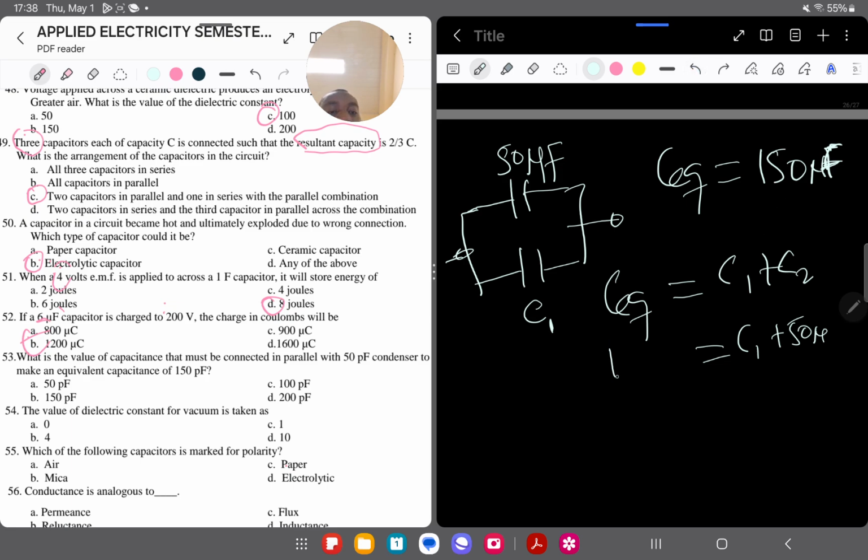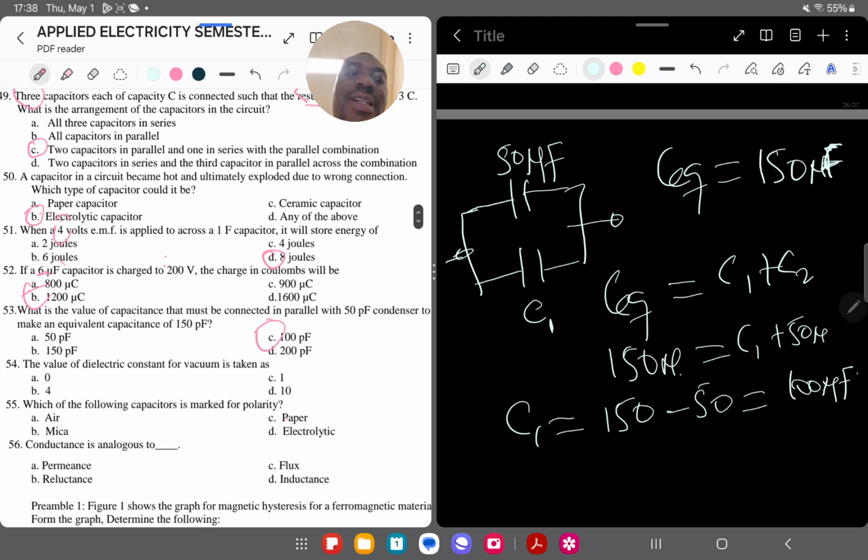Then we know the equivalent is 150 micro. So C1 is going to be equal to 150 minus 50. That will give us 100. So the answer here is going to be C, which is 100.